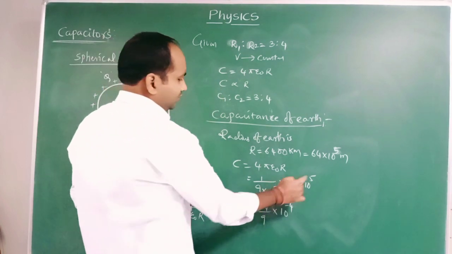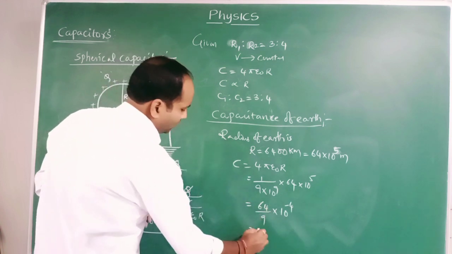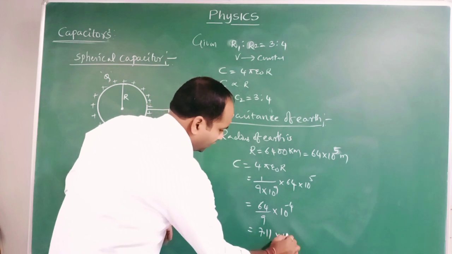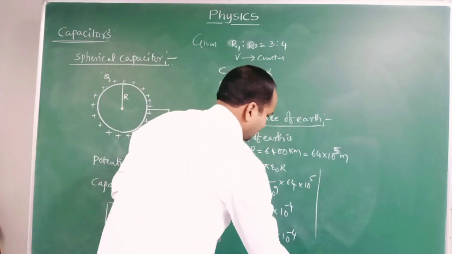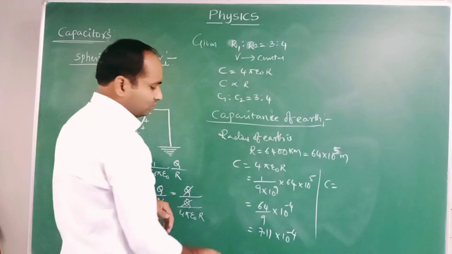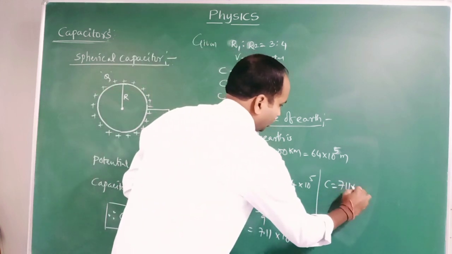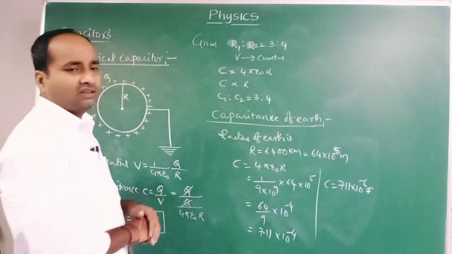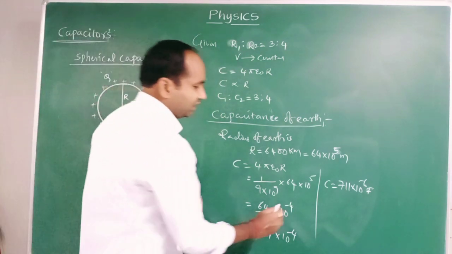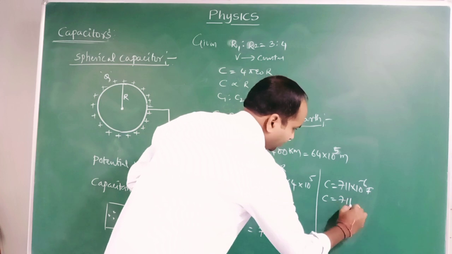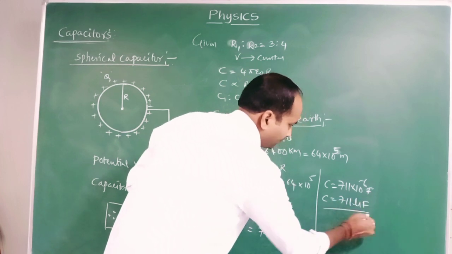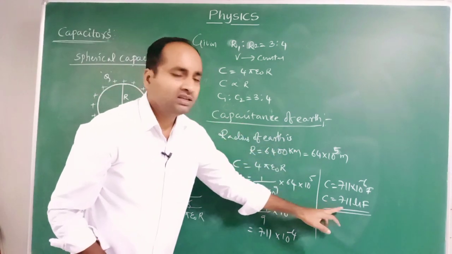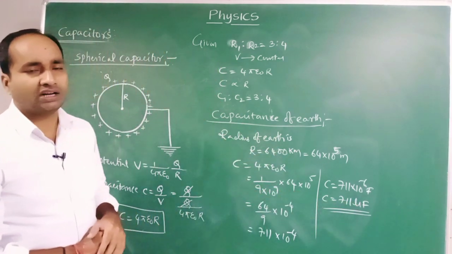Approximately 7.11 into 10 power minus 4, which can be written as C is equal to 711 into 10 power minus 6 farad, that is 711 microfarad. Approximately, the capacitance of the earth is 711 microfarad.